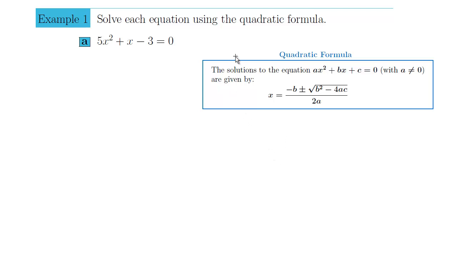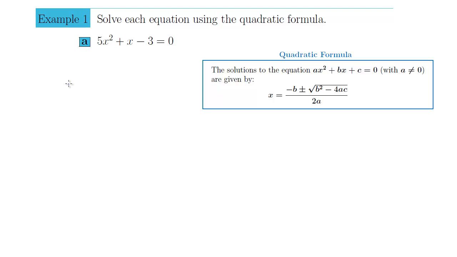In order to use the quadratic formula, we first have to make sure that our equation is in the proper form. That is, we want to make sure that all of our terms are on the left side and 0 is on the right. Well, notice in our example, that's the case.